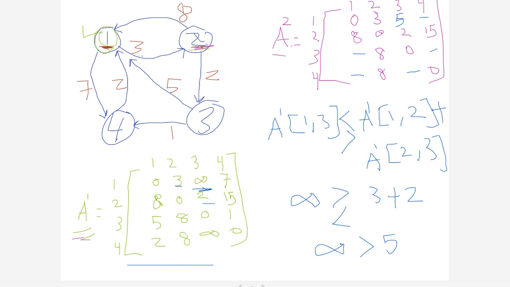And we keep doing this until we reach A4. So by reaching A4, we are finding the shortest path between all pairs of vertices. So again, there are two things. First, we learn how to find the shortest pathway in a nice way, in a good algorithm like this.